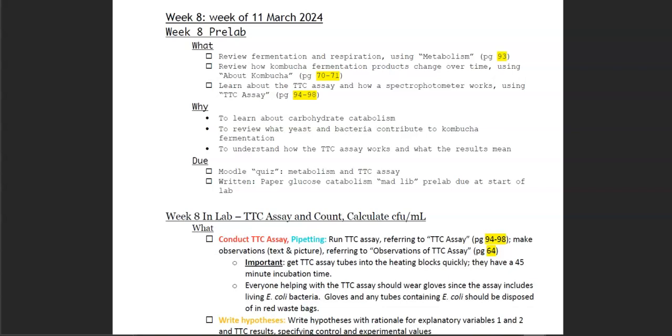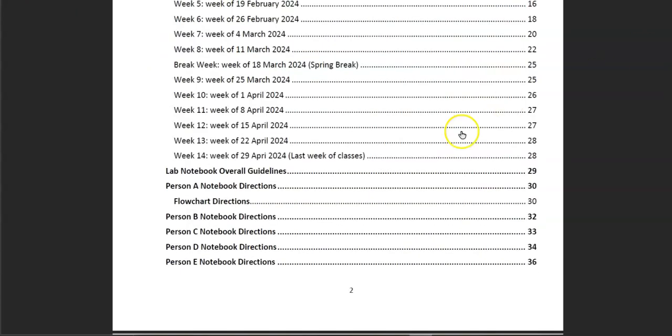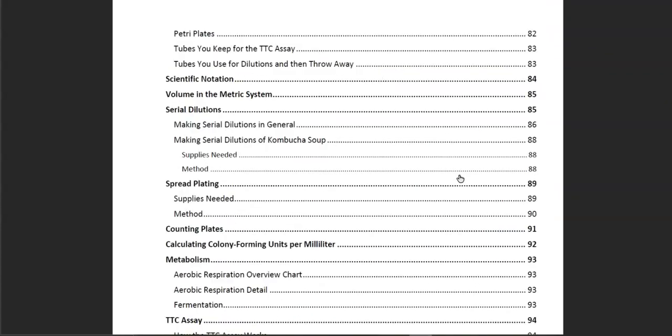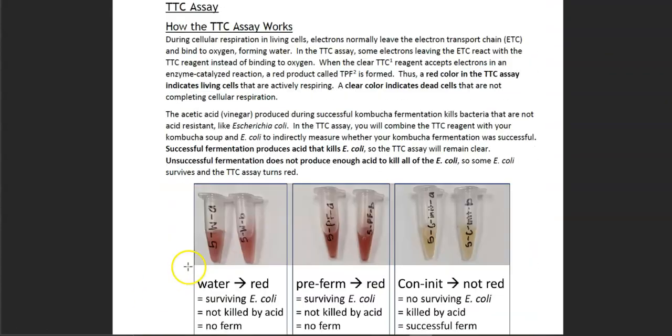So the way that the TTC test works is, well, I'm going to switch to that page and then I'll come back to this. The way that the TTC test works is, okay, so we are going to use E. coli, which is an intestinal bacterium, to measure the amount of acid produced.